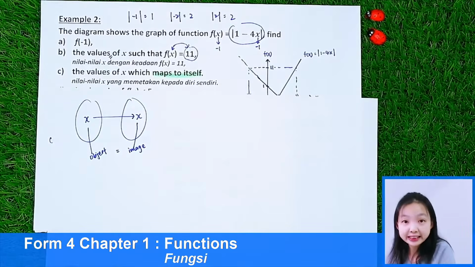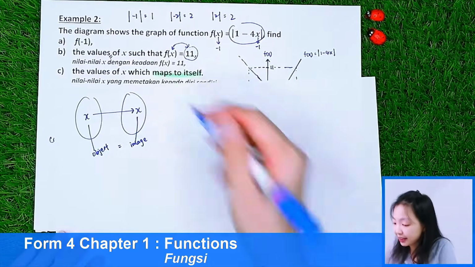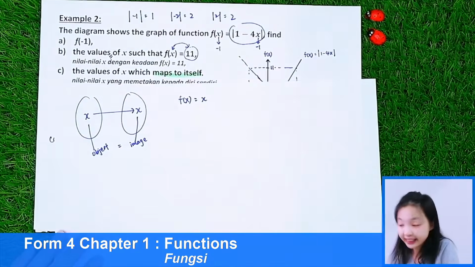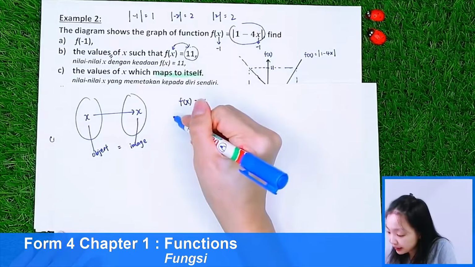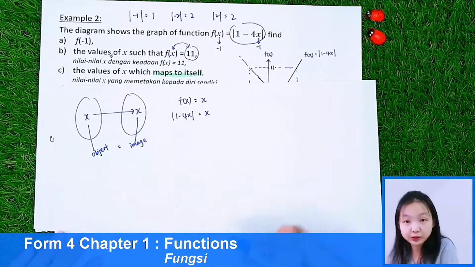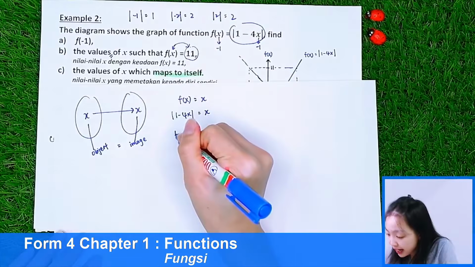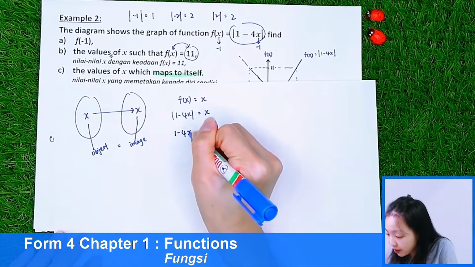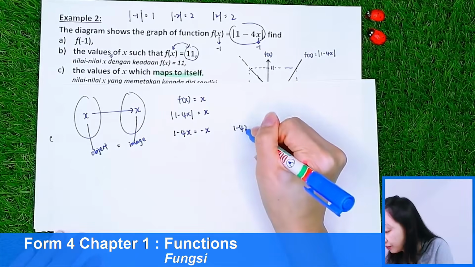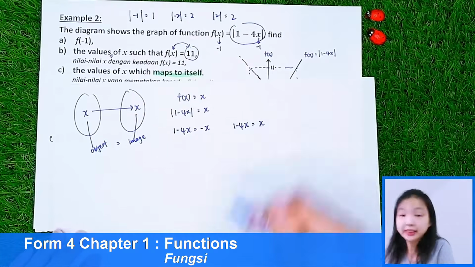Okay, so let us find the value of x. That means the object and the image are the same. The image is modulus of 1 minus 4x, equals x. So 1 minus 4x equals negative x, or 1 minus 4x equals positive x.